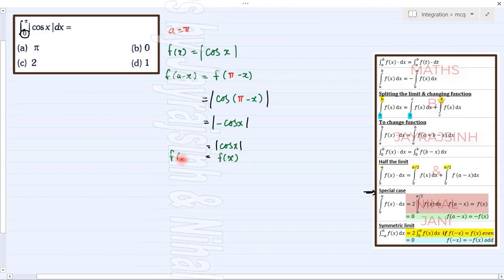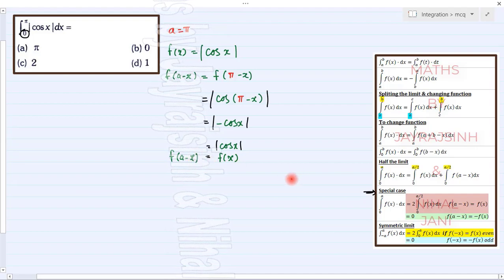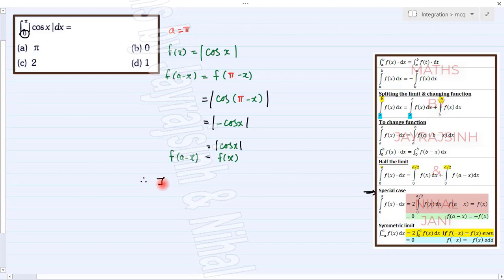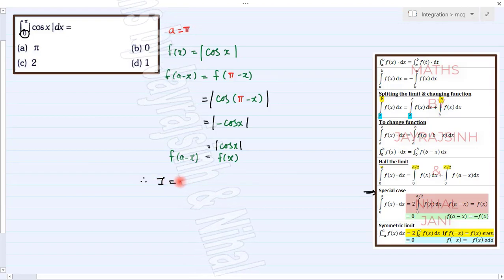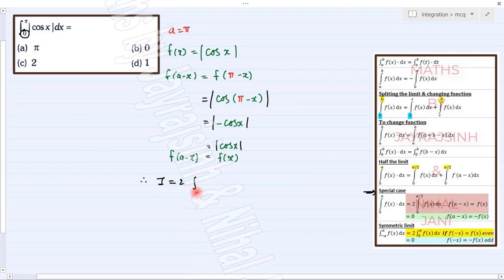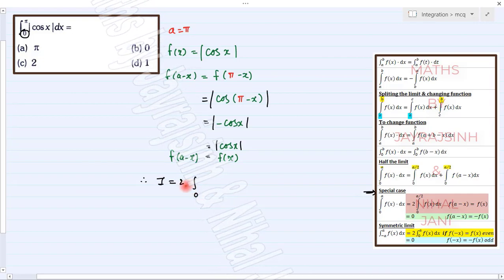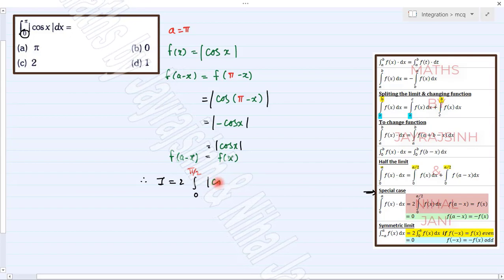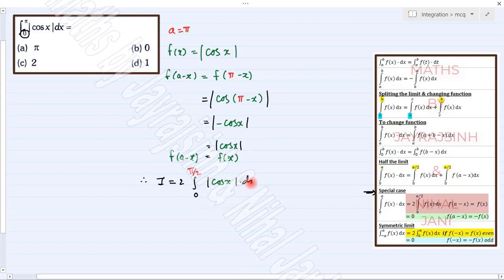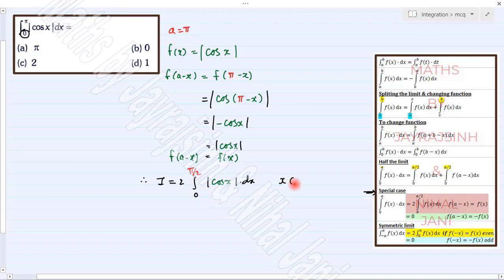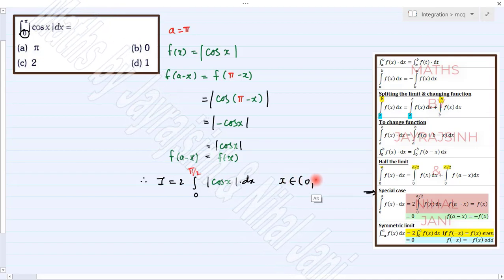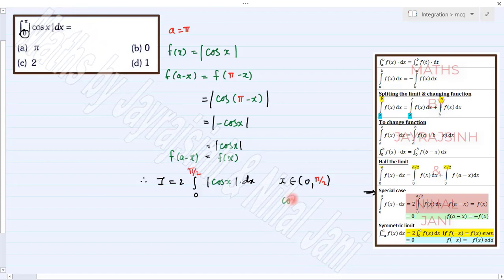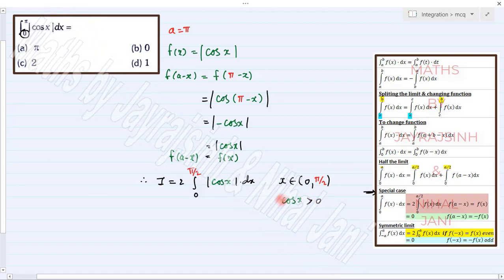So here we get f of a minus x is equal to f of x, and for this condition we can say the integration will be 2 times the integration from 0 to half the limit. So it will be pi by 2 mod cos x. Now we know that when x belongs to 0 to pi by 2, or we can say in the first quadrant, cos x is positive.